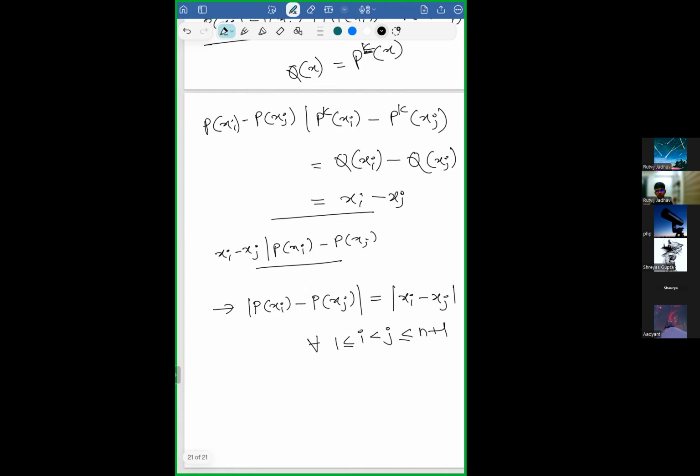From this, it is not hard to see where this is going. Firstly, let's focus on removing the mod. How can we remove the mod here?